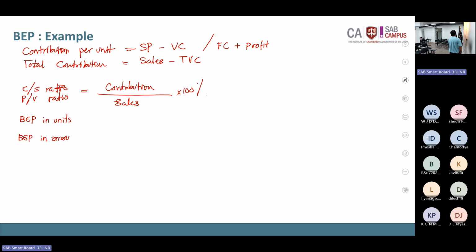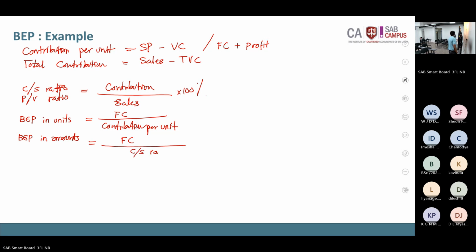Break-even point in amounts means the rupee value, right? So for the break-even point in units, we have to divide the fixed cost by contribution per unit. Then break-even point in amounts, fixed cost divided by CS ratio.